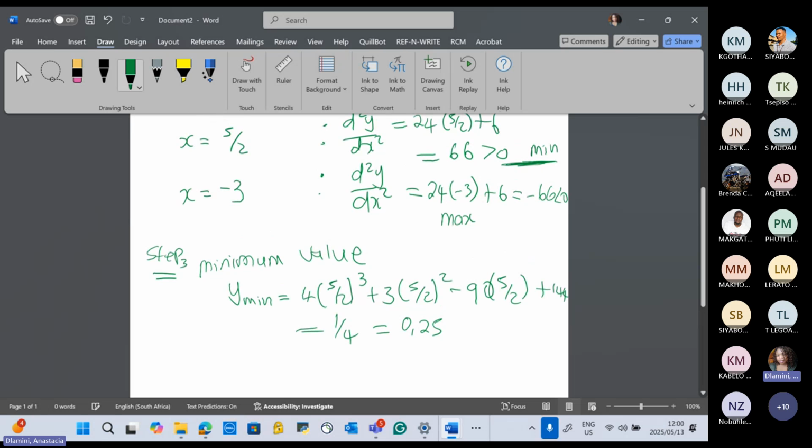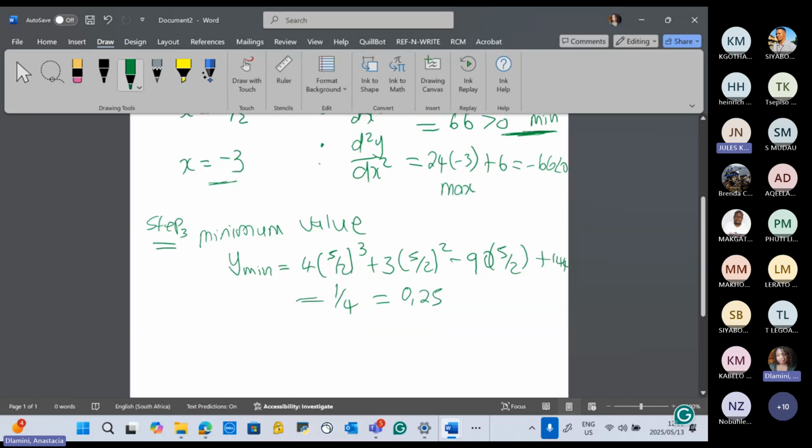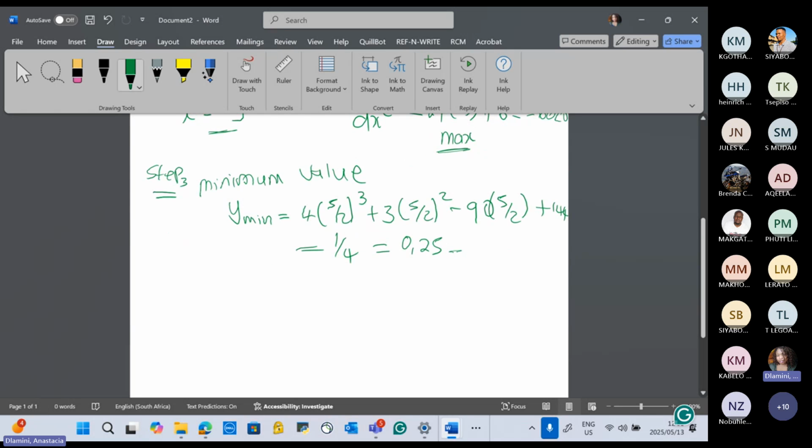Now we go, okay, fine, because our maximum value occurs at x is equals to 3. And now with this, we're expecting that when we substitute x equals to 3 into the original, the value has to be higher. If it's lower than this, then something is wrong because it's telling us that our maximum value occurs at x equals to 3. So let's do that.